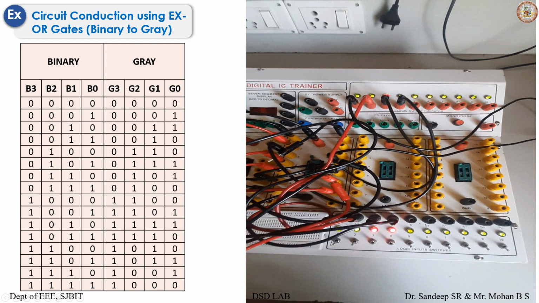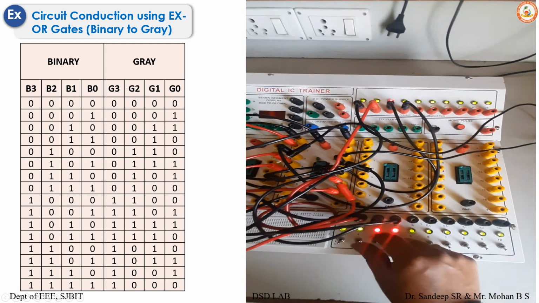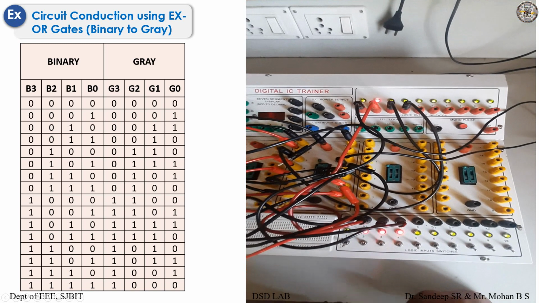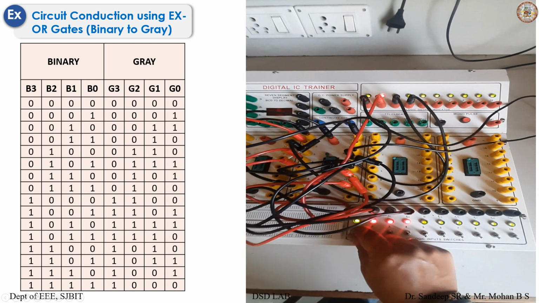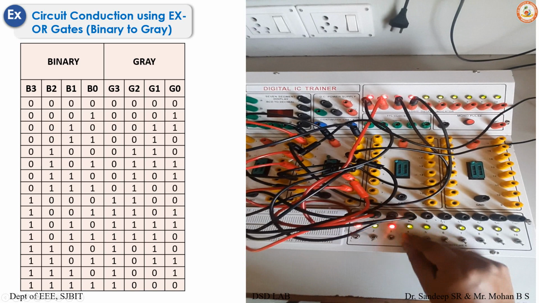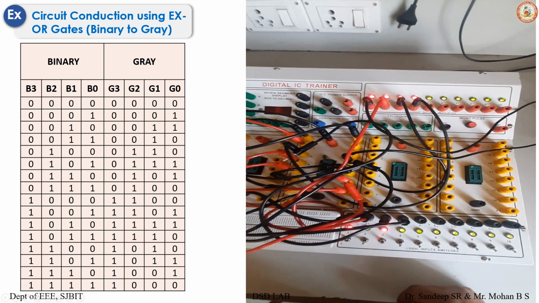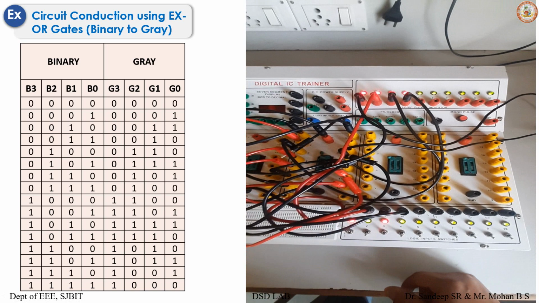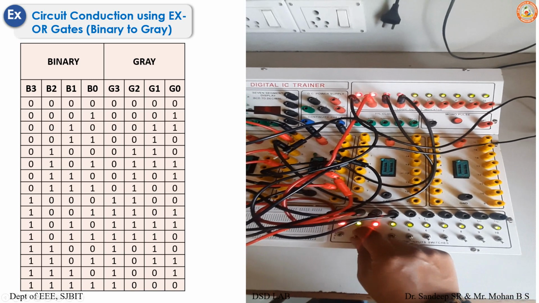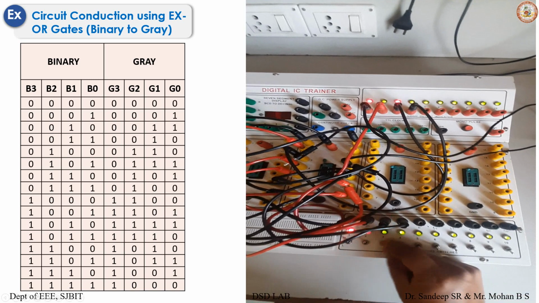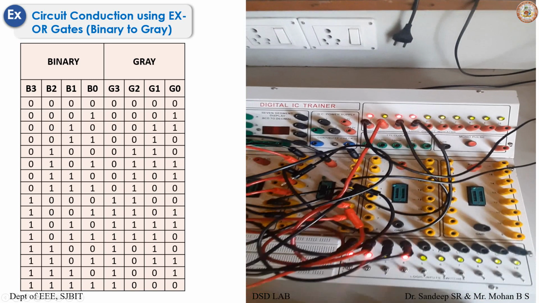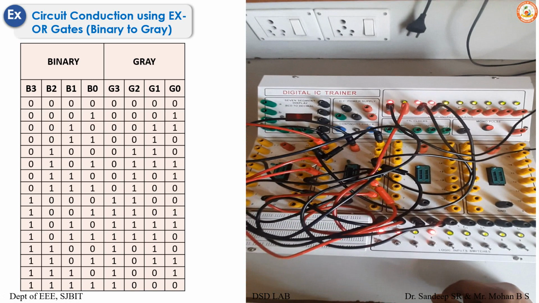Now let us see the 8th row, the input is 0111 and the output is 0100. Then the 11th row, the input is 1010 and the output is 1111. Then the 14th row, where the binary input is 1101 and the output is 1011. This is how we can verify the truth table for binary to gray.